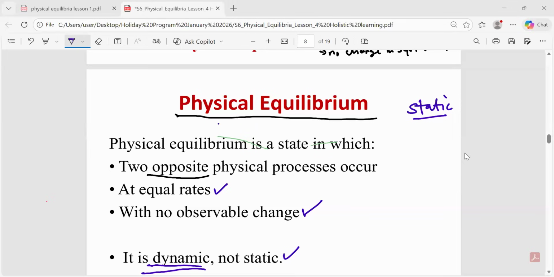Not all directions. Meaning the reactants can form the products and also the products can form the reactants. Okay, thank you. Yes, that is good.